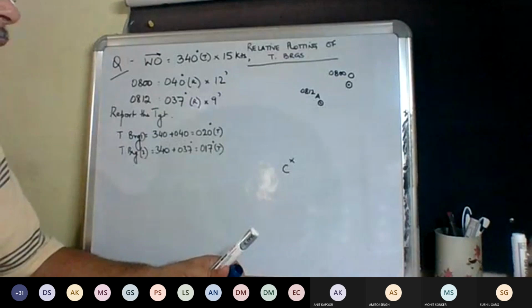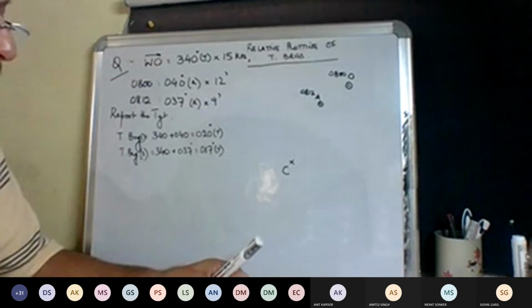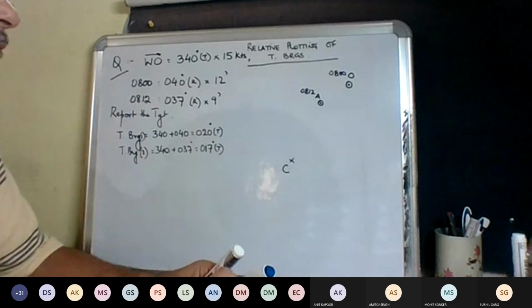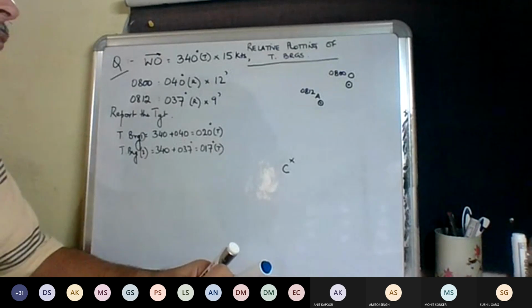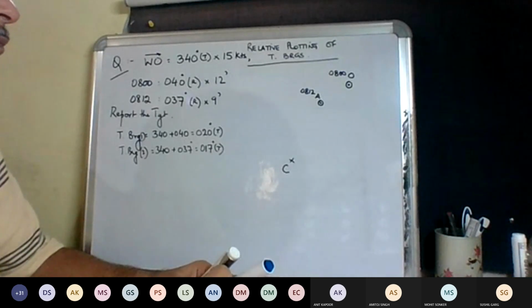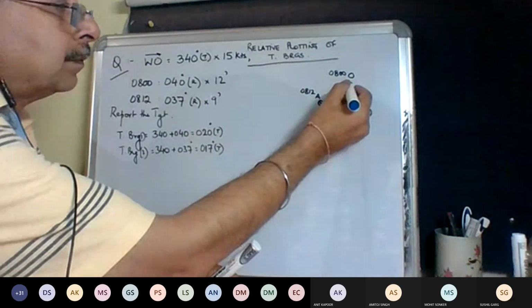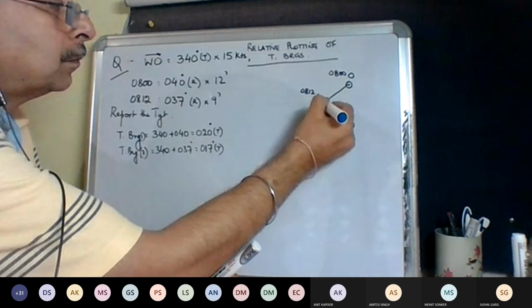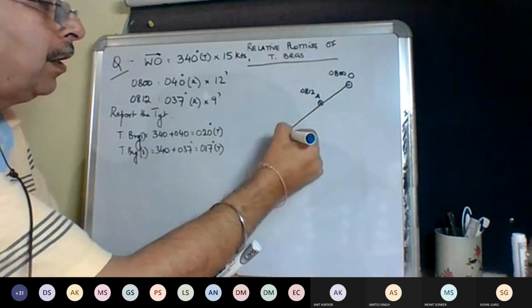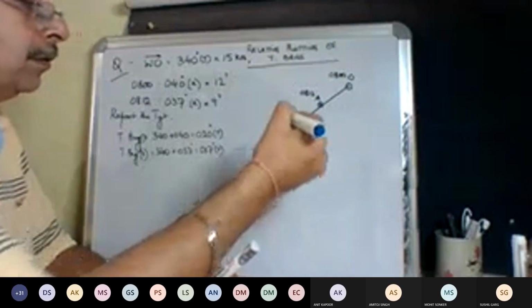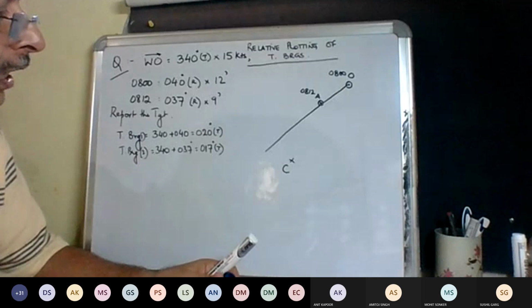Mark it as A. Join OA and extend it up to Charlie.